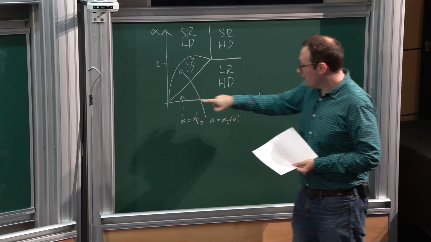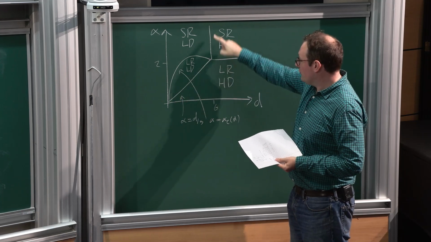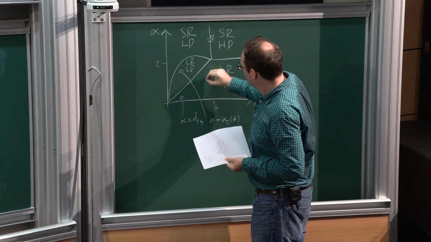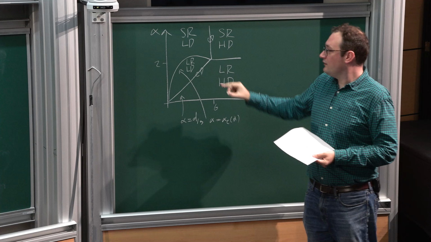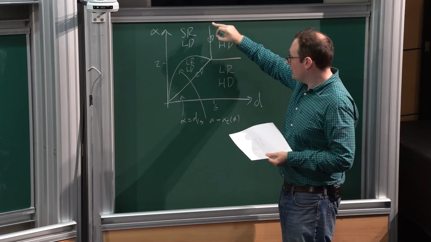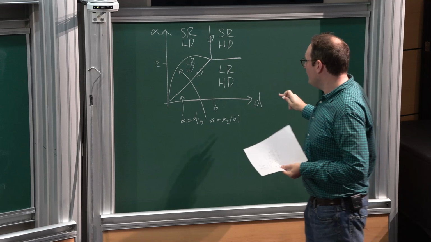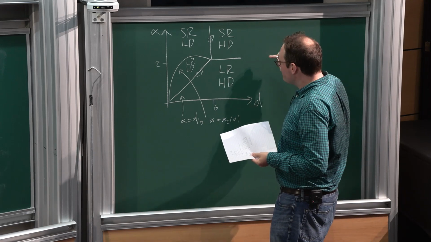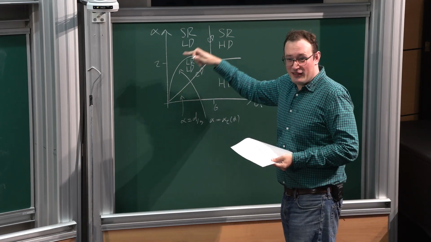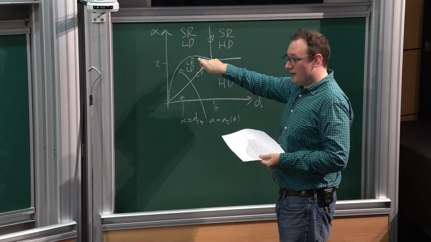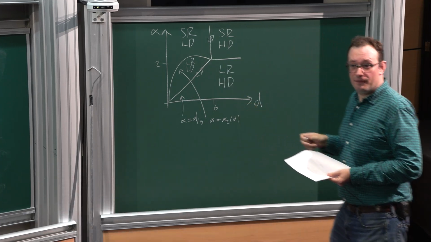In particular, you're critical dimensional along these 2 lines, which together are where the effective dimension is 6, and you're marginally short range along this curve here, which includes these 2 pieces.